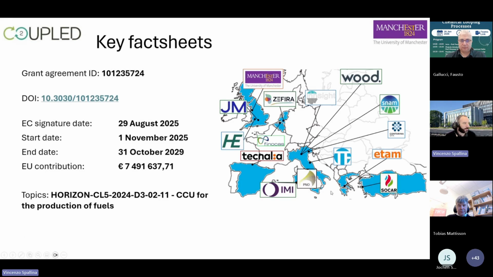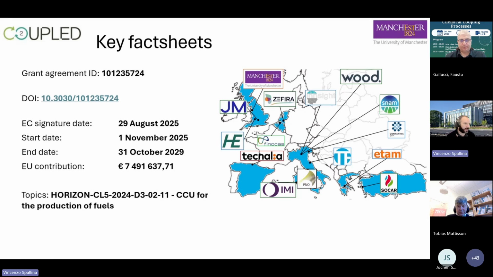So the project started on the 1st of November, so it really started just 3 months ago. It's a project with 15 partners from all over Europe. You can see partners from the UK, such as Johnson Matthey, University of Manchester, which is coordinating, partner from the Netherlands, namely Zefira, Ilical Energy from UK, Finocas from Belgium.